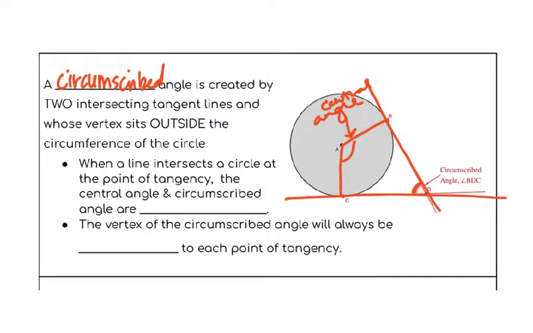The relationship between the central angle and the circumscribed angle, this angle here and our circumscribed angle here, is that they are going to be supplementary. If you don't remember what it means to be supplementary, you need to look that up and write that note out to the side somewhere. To be supplementary means that they are going to add up to 180 degrees.